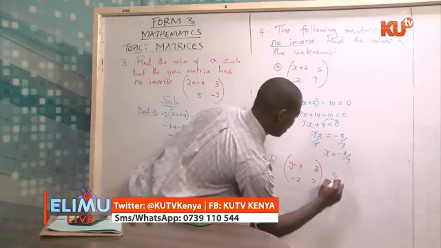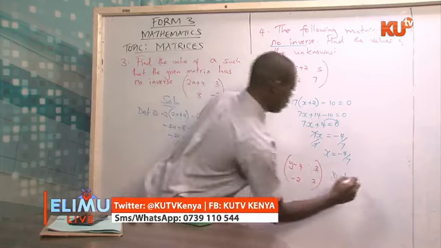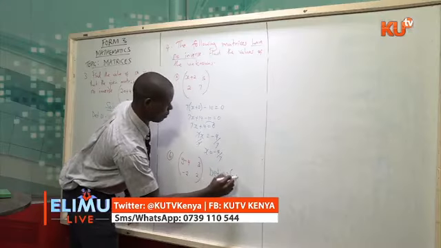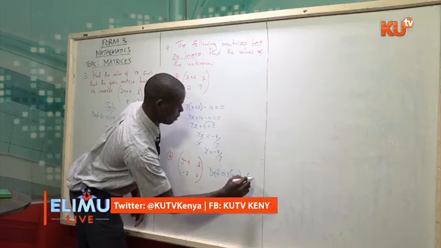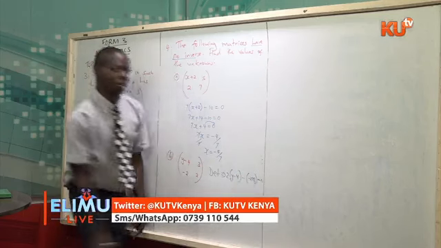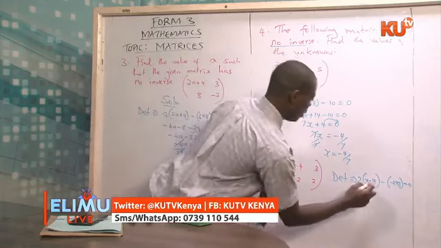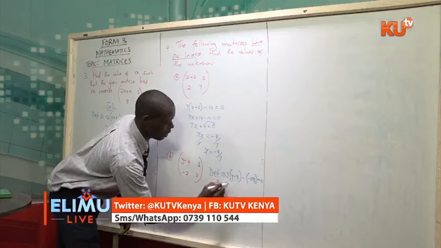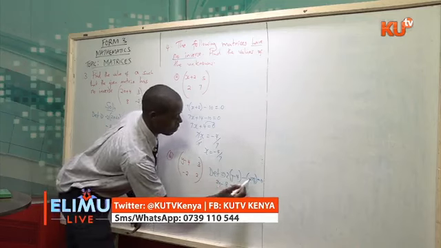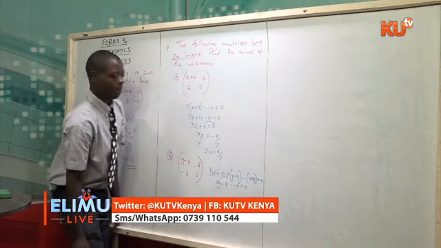The determinant again, students, will be the leading diagonal 2 times y minus 4, then minus negative 2 times 3, and equate that to 0. By expansion, this is 2y, 2 times 4 is 8, minus 2 times 3 is minus 6, and equate this to 0.